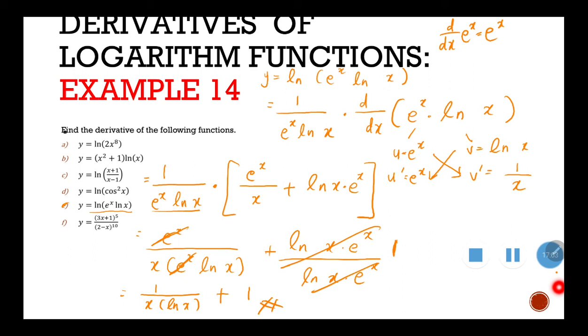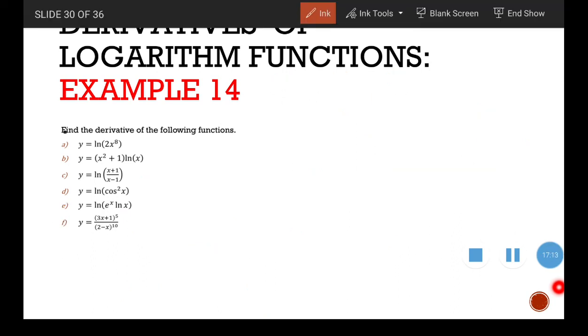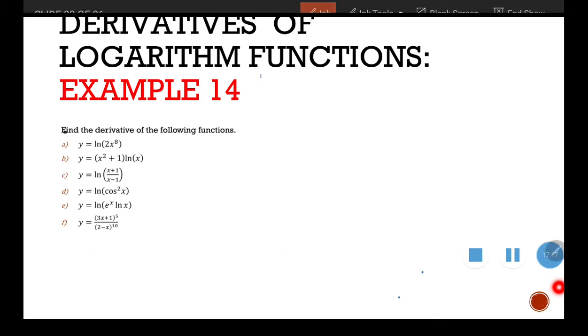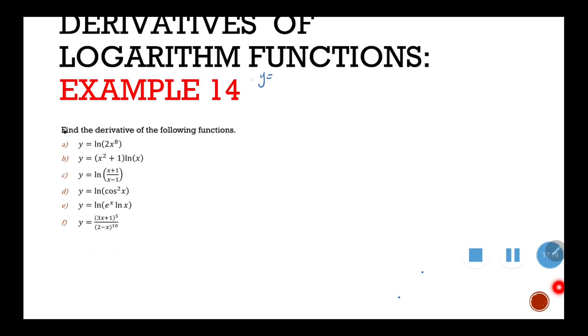Okay, easy peasy, right? Now we're moving on to question F. It is quite lengthy, but I hope you can understand this.